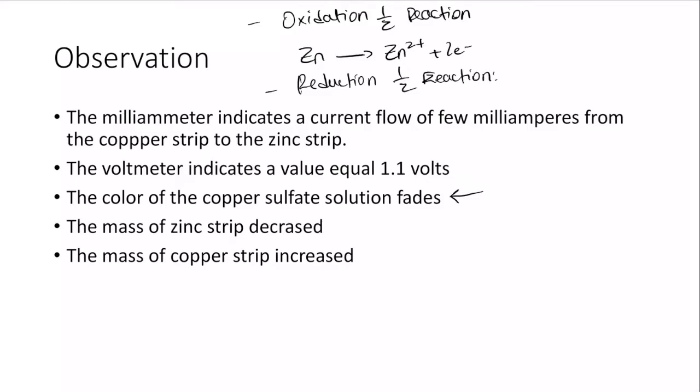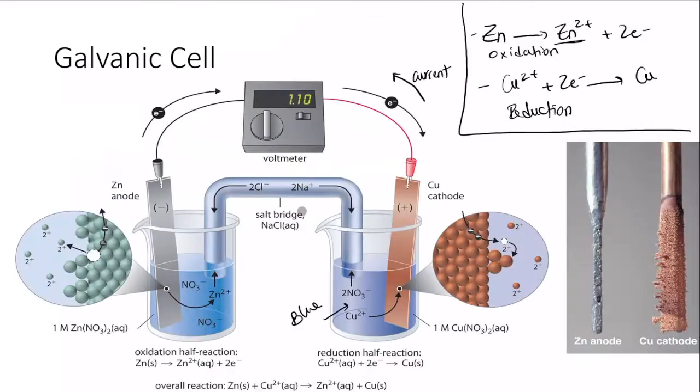Cu2+ is gaining 2 electrons. It's becoming Cu, and that's why the mass of the copper strip increased and the mass of the Zn strip decreased. The copper sulfate solution starts to fade, and here we have the transfer of electrons. The transfer of electrons is going through the connecting wire.